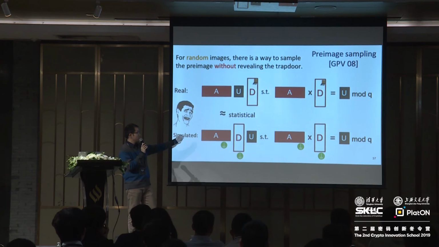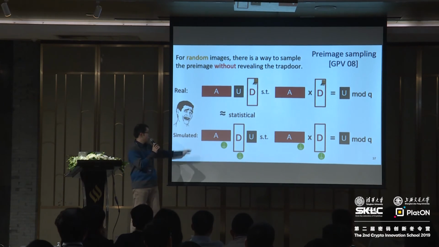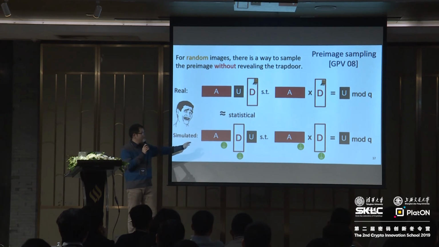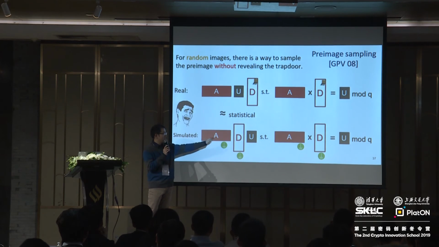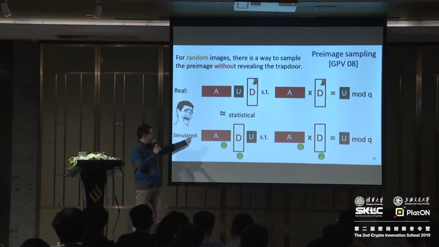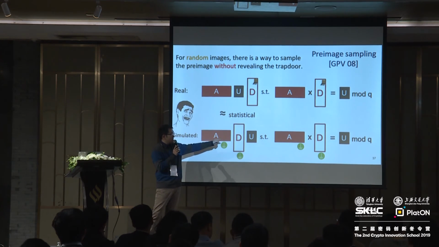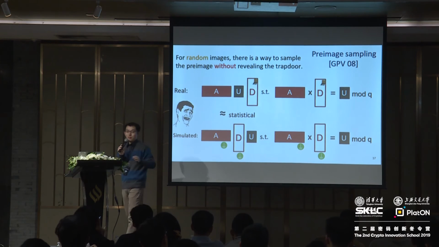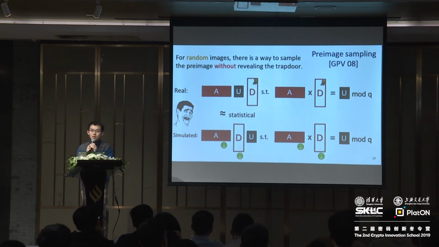You can simulate the previous distribution as follows. You sample a matrix A with the same dimension without using a trapdoor, and then you also sample a short vector D from a specific distribution, without using the trapdoor of A, because there is no trapdoor of A. You produce U by multiplying A and D. So you can reproduce A, D, U from a distribution that is statistically close to the distribution from trapdoor generation.